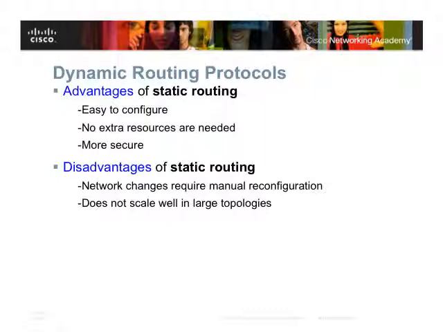Any change that happens in any single network in any lab requires the network administrator to go and reconfigure the routers that are affected. Otherwise, the network will not function properly. So this becomes really, really challenging, especially if we're talking about a large topology.